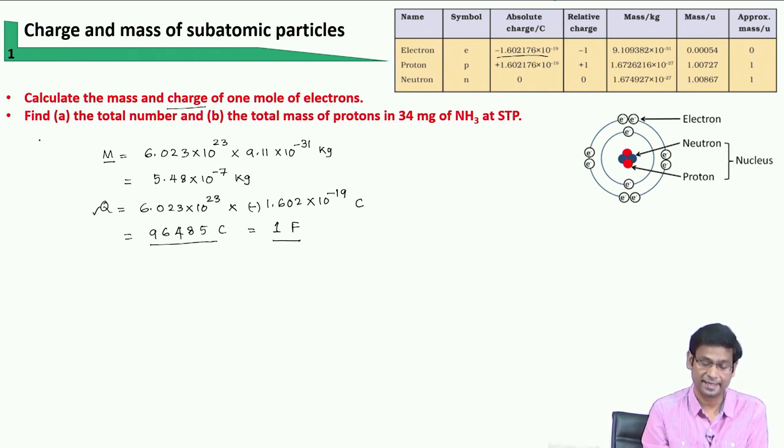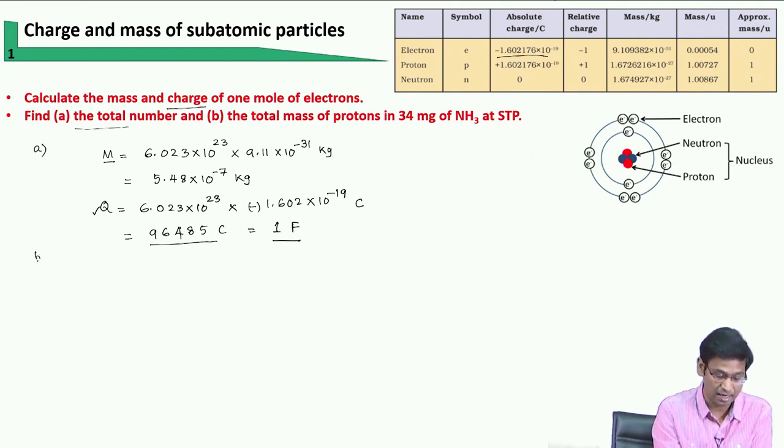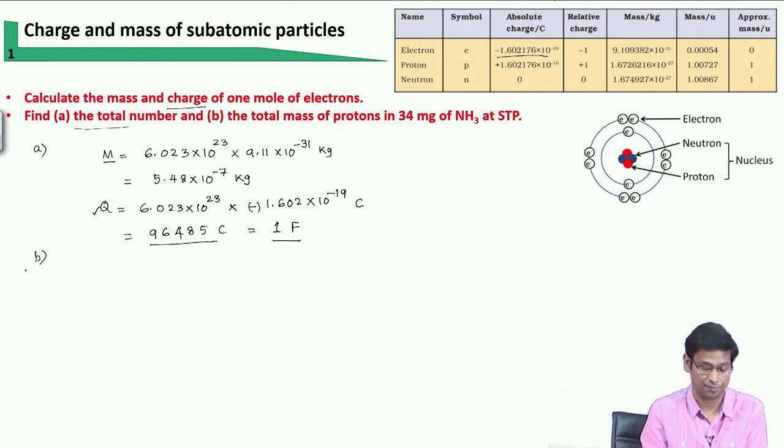Now, let us look at the second question. The second question tells, find the total number and the total mass of protons in 34 milligrams of ammonia. So, let us call this A, and we look at the second problem here: the total number of protons and the total mass of protons in 34 milligram of ammonia.